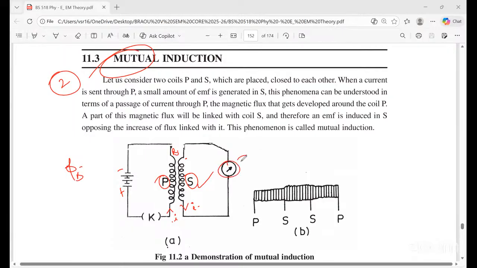There is a galvanometer, and this current is measured by the galvanometer: how much induced current develops in the secondary coil when the primary coil carries a current through it. So these two coils, this setup, are in mutual inductance. Is it okay? That's it.